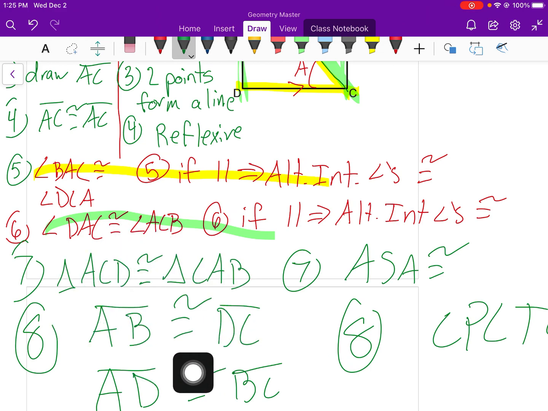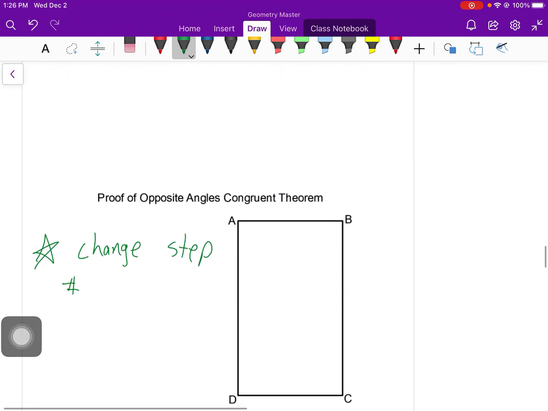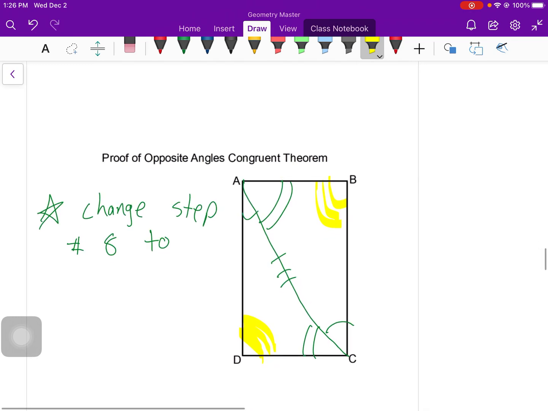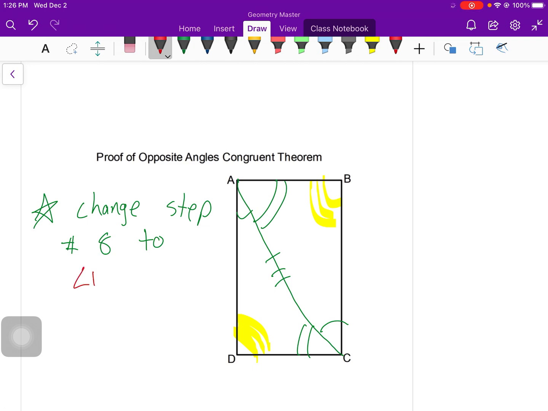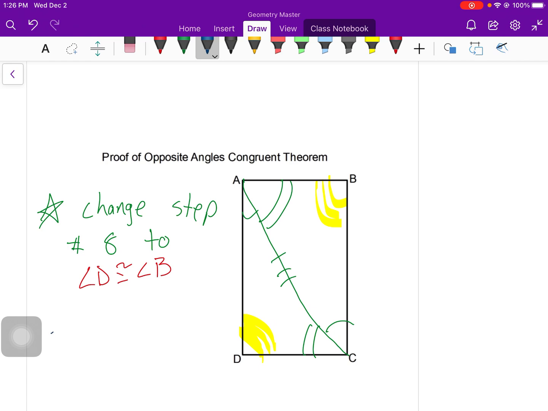Instead of having step 8 here, that's the only thing we're changing. So we had shown, if I redraw this piece in real quick, we had shown this. The other CPCTC piece, I used highlighter for whatever reason, we're going to say that angle D is congruent to angle B by CPCTC. Then you are halfway done with the proof.